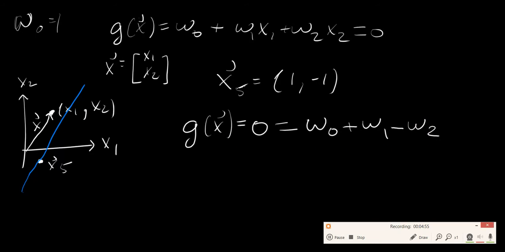So all I did was sub in the coordinates for x5 into our generic equation for a discriminant function, and I was able to get equation 1, which we will be using to solve for everything.